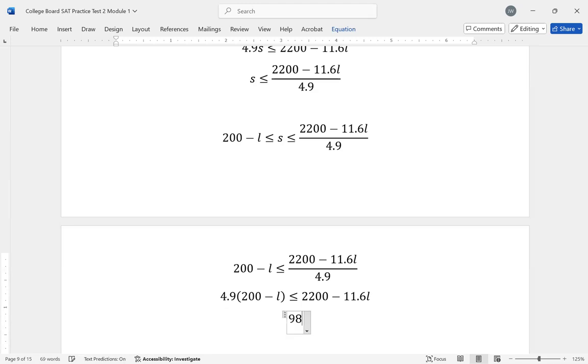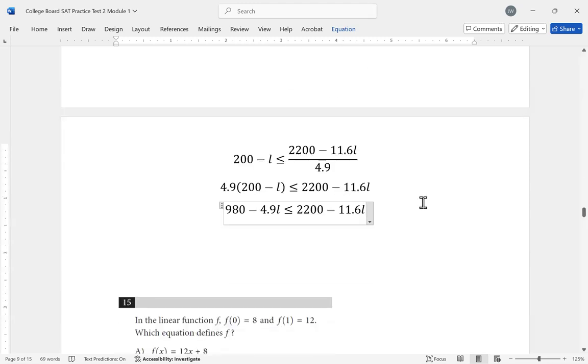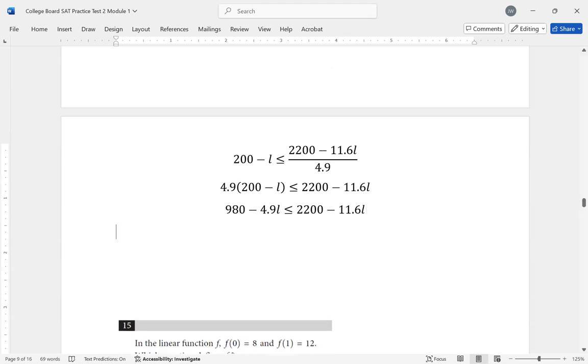So 980 minus 4.9 L less than or equal to 2,200 minus 11.6 times L. And so now we can solve for L. I would subtract 980 from both sides and then add 11.6 L to both sides. When you add 11.6 L to both sides, you end up getting 11.6 plus negative 4.9. That will give me 6.7 L on the left.